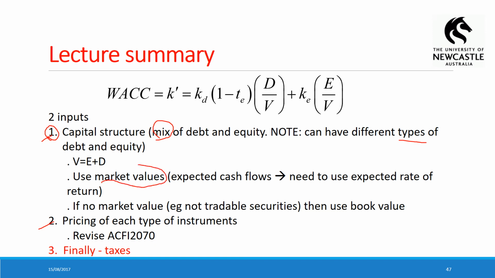The second point to note is that we always use market values as the weights, right? So D here, E here, and V here have to be market value. We only use book value whenever we can't estimate the market value, right? So for example, for non-traded securities, where we can't observe the market value of the securities, then it's okay to use a book value, right?